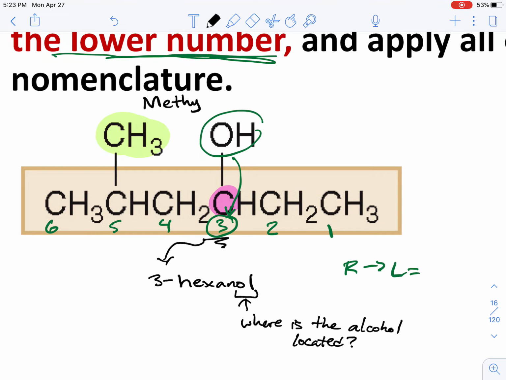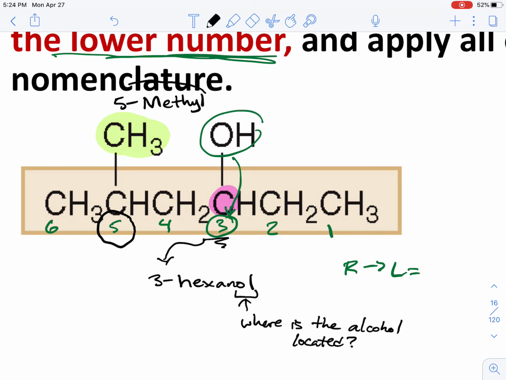So 1 carbon substituent. So therefore, it makes sense for us to use meth. And then the YL is to signify that it is a substituent, not a parent chain. It's not methane, it's methyl. And so if you guys are looking at the carbon and where it's bonded to, it's bonded to carbon number 5. And so we're going to go ahead and put in 5-methyl.